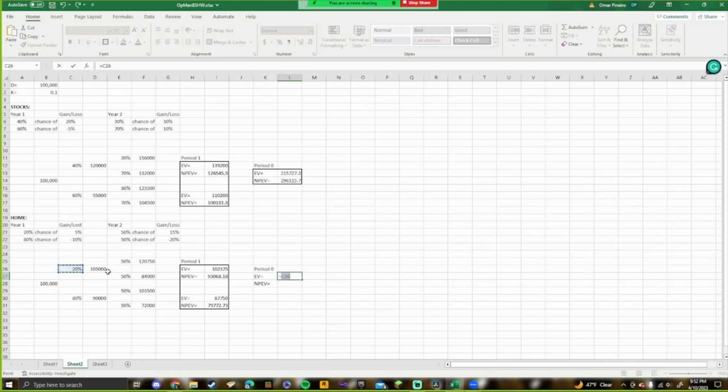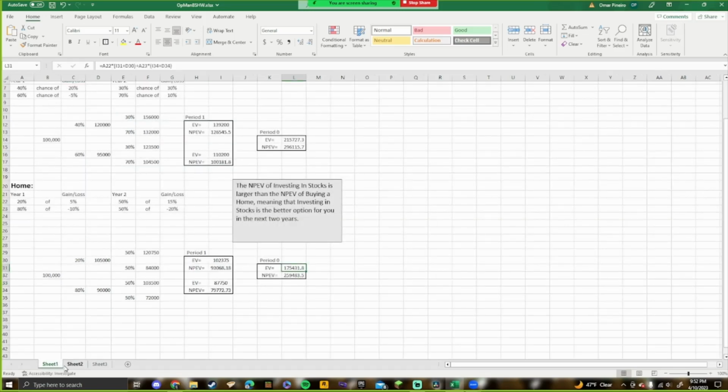20% chance times this value plus your NPEV. And that is plus, right? Just want to check. Yep. That is plus this 80% chance times this value plus the NPEV of that route.